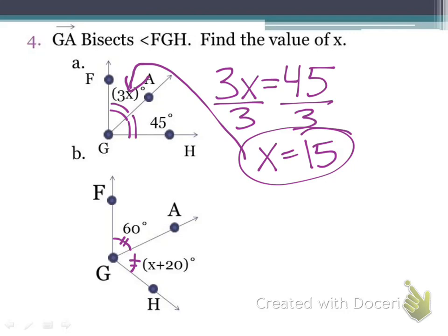I know that FGA is congruent to AGH, just like the one above. So I should start by... anyone? Anyone?